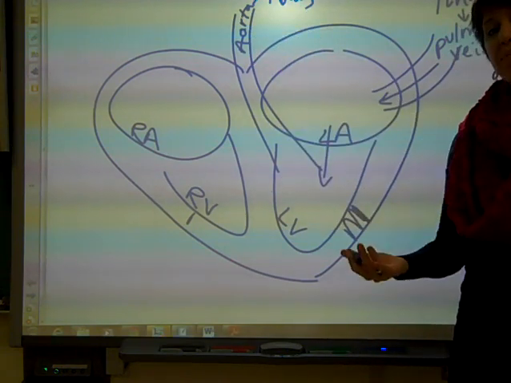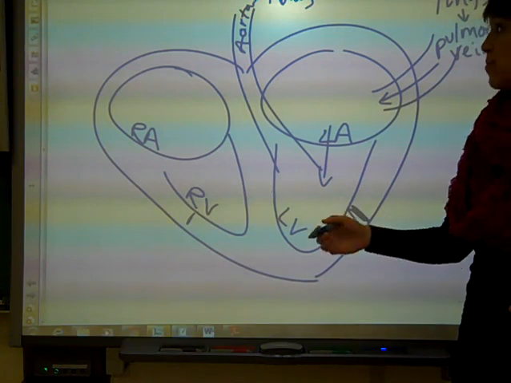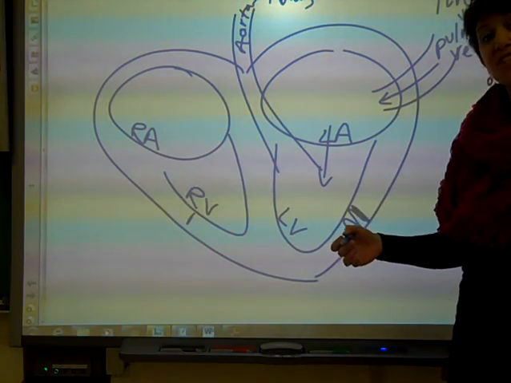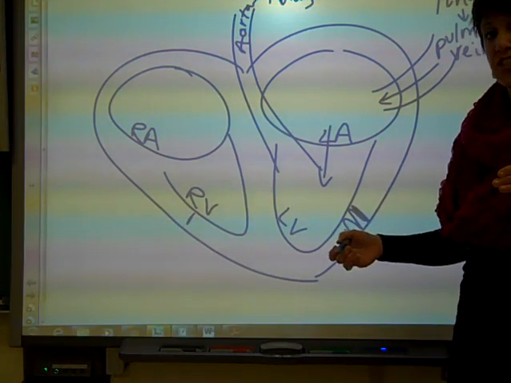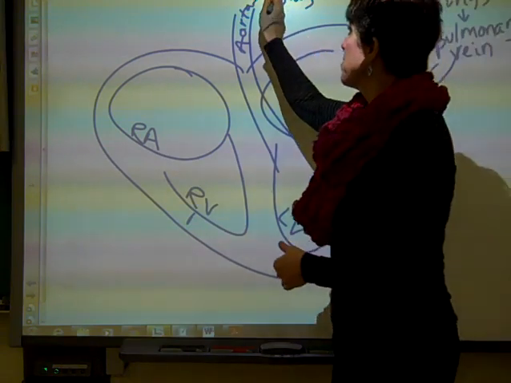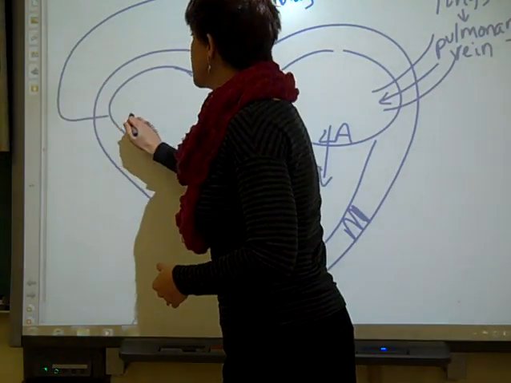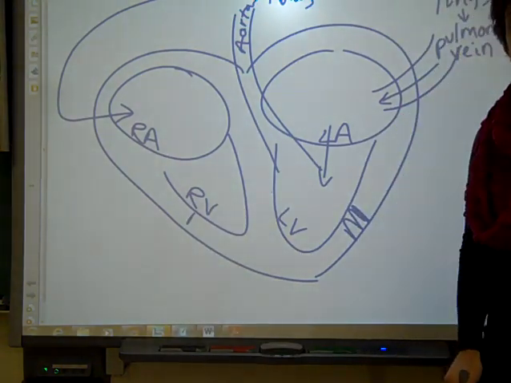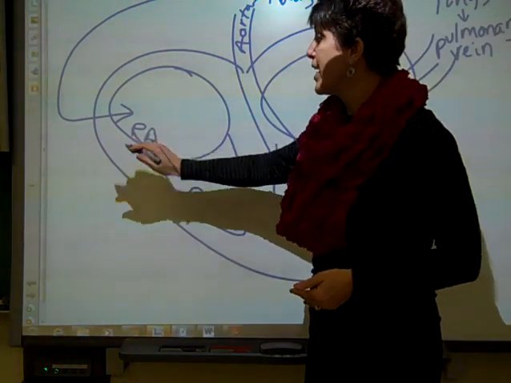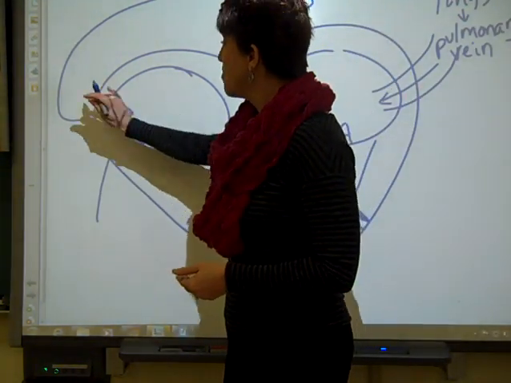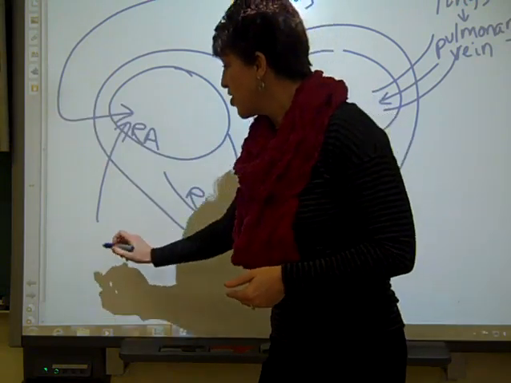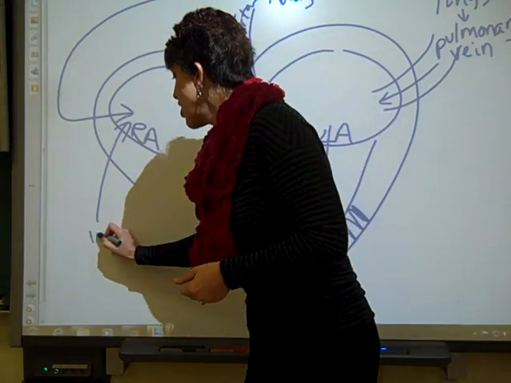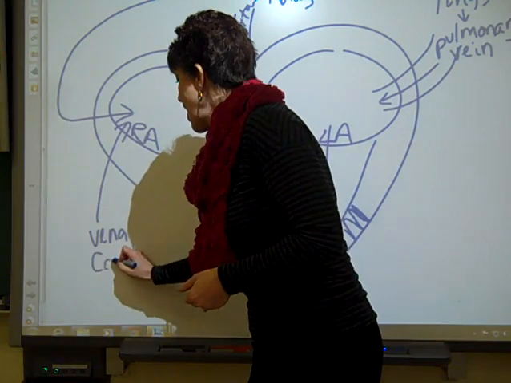Throughout the body, you have capillaries in every single tissue of your body. That is where the exchange of oxygen occurs and the exchange of carbon dioxide. So then from the body, all that deoxygenated blood needs to make it back to the heart. It goes into the right side of the heart, and it comes from the top of your body and the lower part of your body. And both of them are called vena cava.